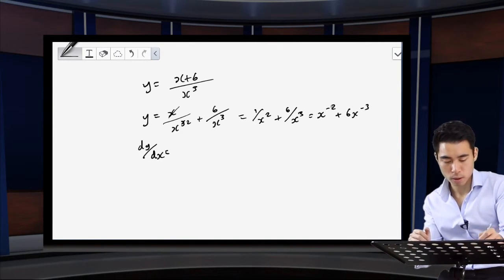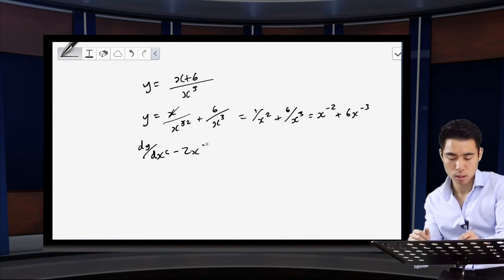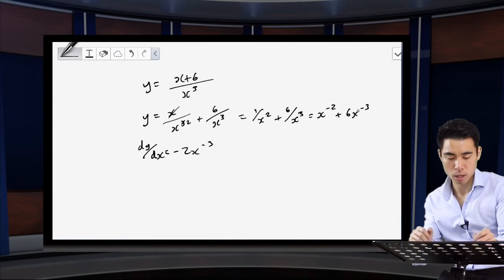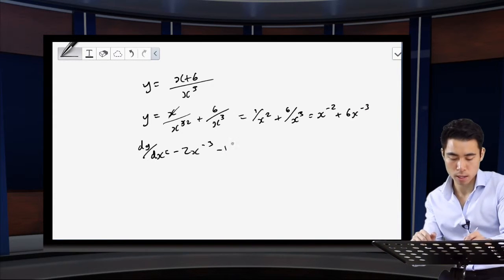I'm working through, differentiating this one, so moving my power down, decreasing my power by 1. And this one becomes a negative, minus 3 times by 6 gives me minus 18, x decreasing my power by 1, x to the minus 4.